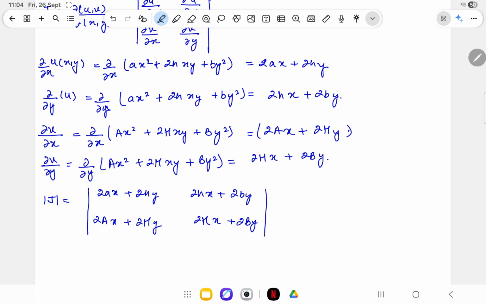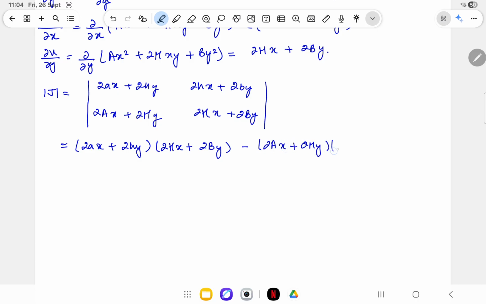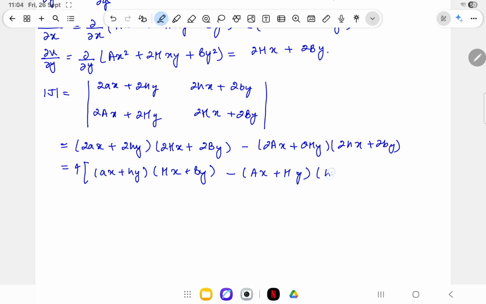So if we simplify it, we'll get this as equal to (2ax plus 2hy) into (2 capital H x plus 2 capital B y) minus (2 capital A x plus 2 capital H y) into (2hx plus 2by). Now from both these terms, I can take out 4 as common. So I'll be left with (ax plus hy) into (capital H x plus capital B y) minus (capital A x plus capital H y) into (hx plus by).